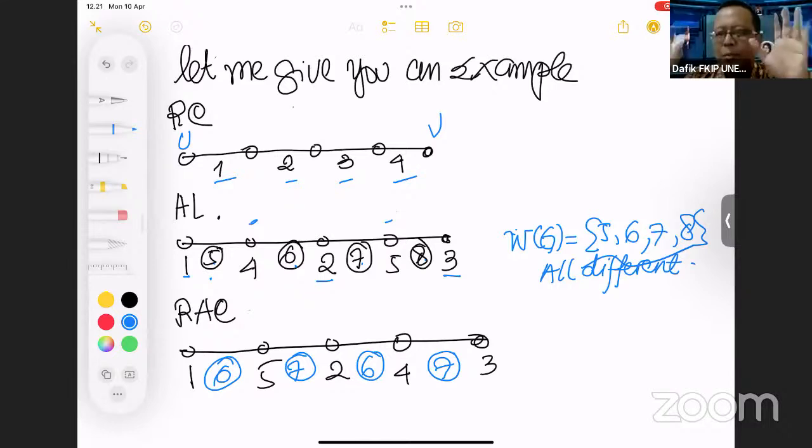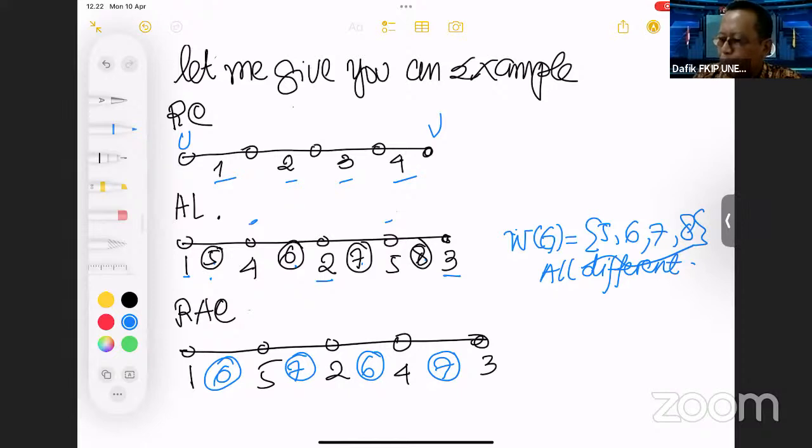Now, from both notions, we combine the definitions. Before we have a rainbow coloring, we should assign labels first on every vertex, 1, 2, 3.